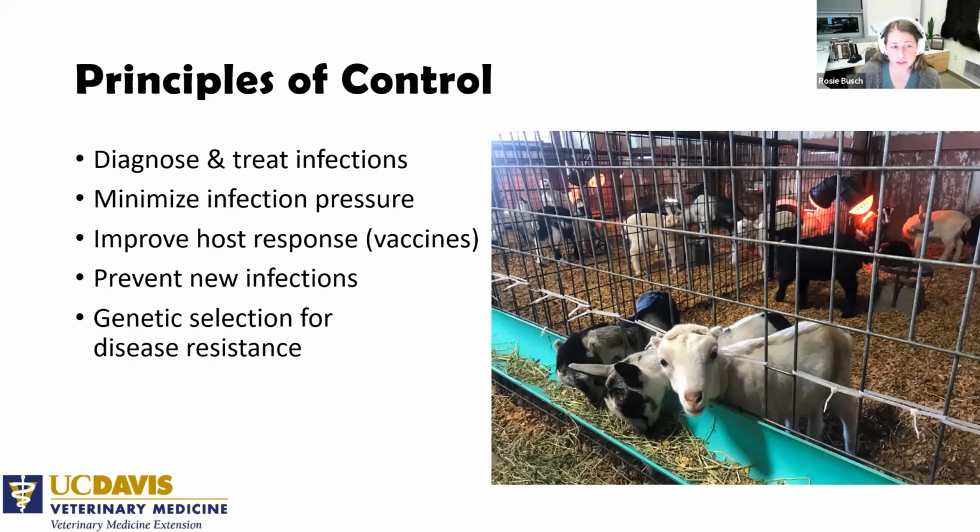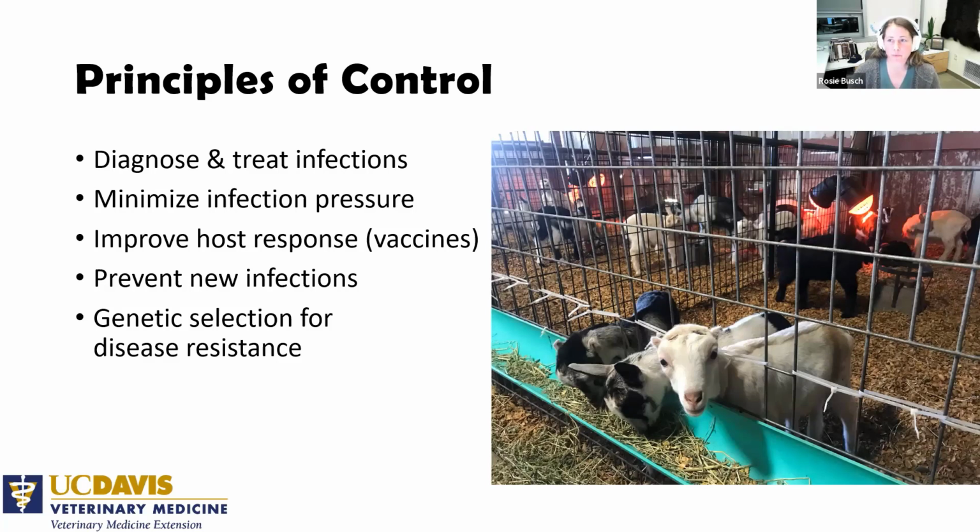And then potentially another option is moving that trend towards genetic selection for disease resistance. There are a couple of ways to approach this. One way would be to keep really good records, and we'll talk about this at the end, and select for animals that tend to need fewer treatments, that do better in your system.